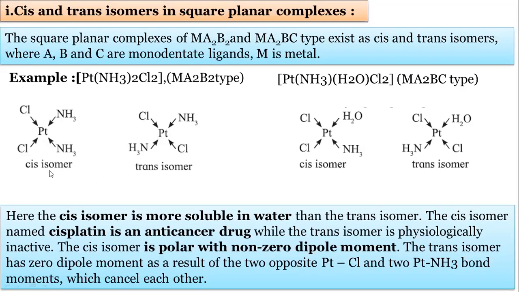This is a real miracle in chemistry. This cis isomer is polar with a non-zero dipole moment, and this trans isomer has zero dipole moment. So we discussed these properties. This is more soluble, and this works as an anti-cancer drug.